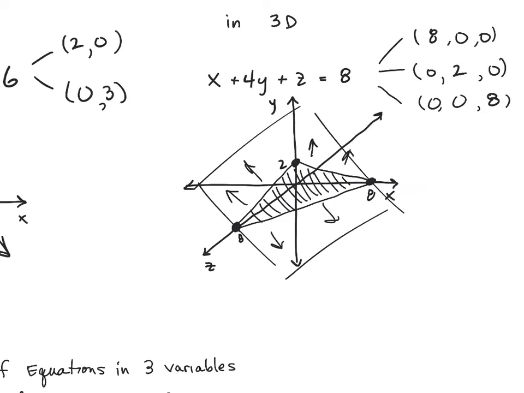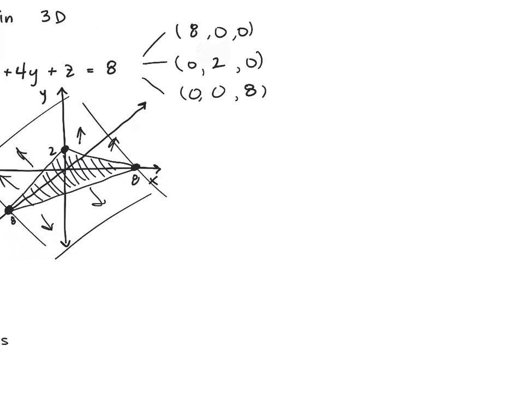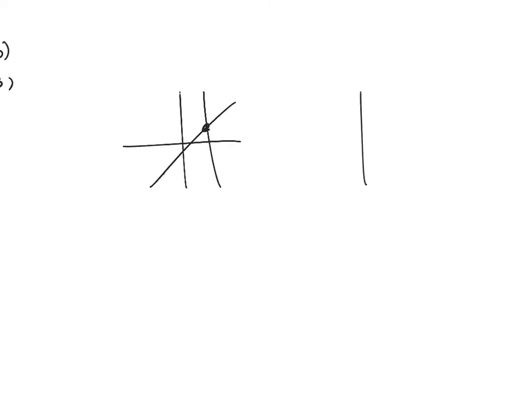And if we recall from section 5.1, in 2 dimensions, when we're solving systems of equations that had only 2 variables, x and y, one option was that the lines crossed in one spot and we had one solution. That was called an independent system of equations. Another option was that the lines are graphed right on top of each other.